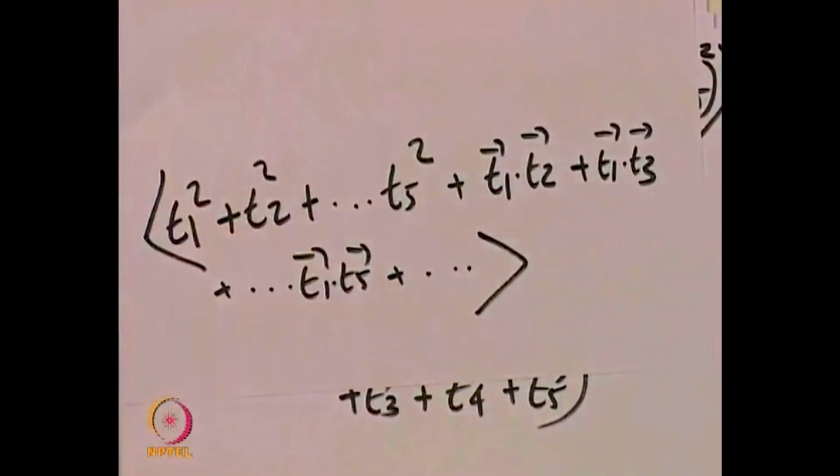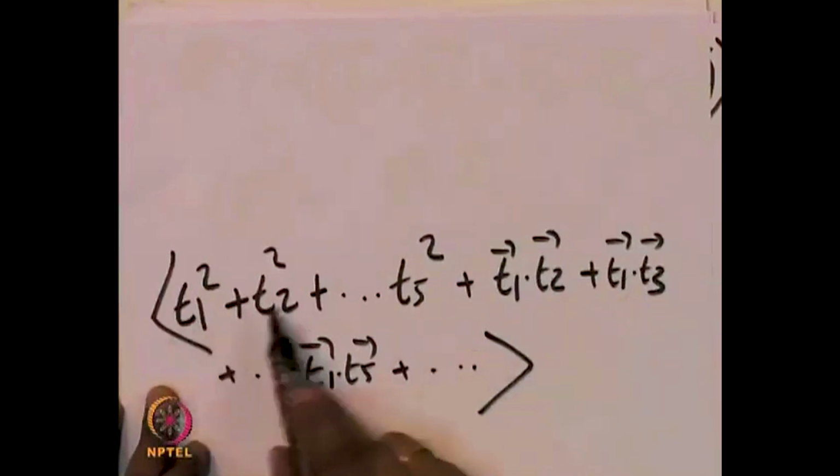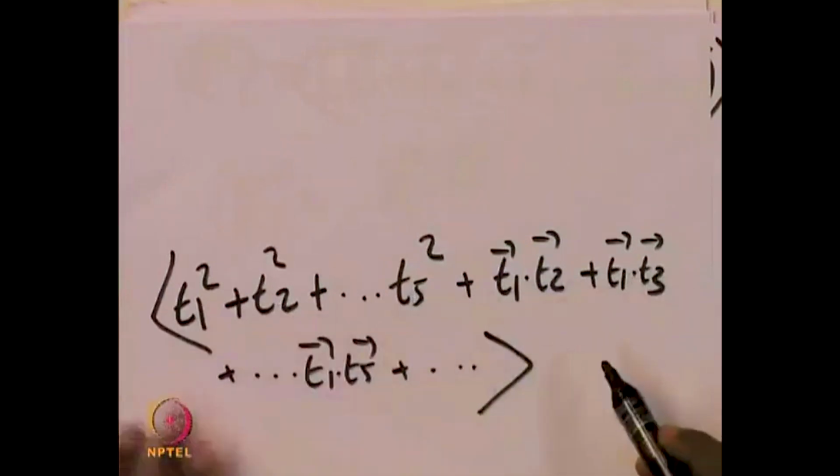This is what we have to calculate. If you do this carefully, what you get is T1 square average, T2 square average, up to T5 square average, plus all these product terms.